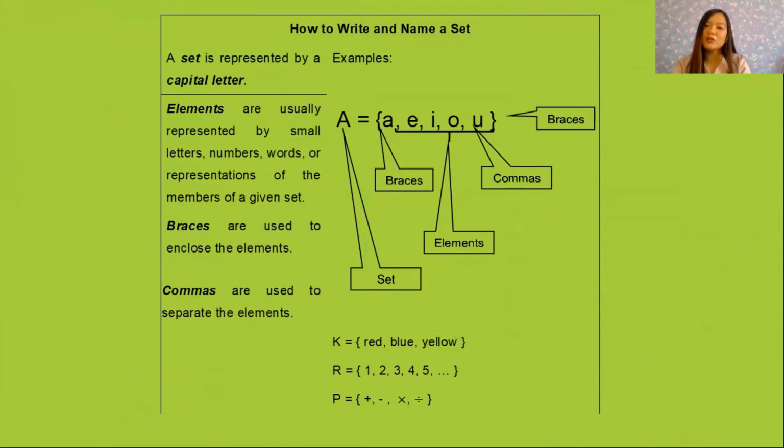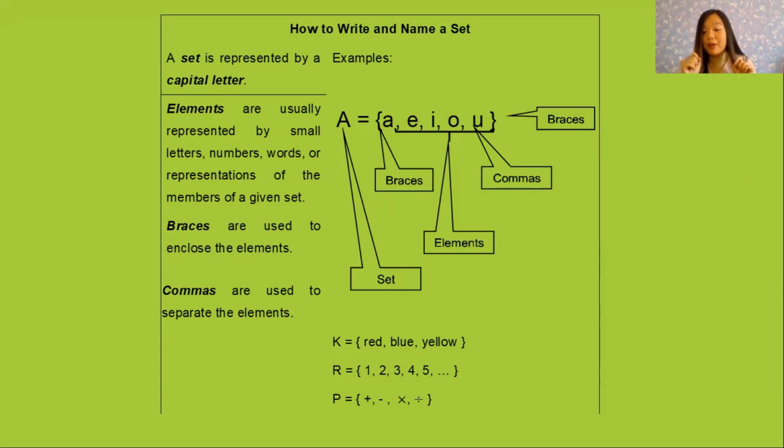Okay, so how to write or name a set? Capital letters only. You should use a capital letter only in representing a set. And elements are usually represented by small letters, numbers, words, or representations of a member of a given set. It is enclosed by a brace or braces, open and close braces, not parentheses, not brackets, but braces.